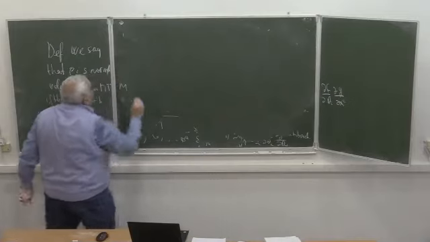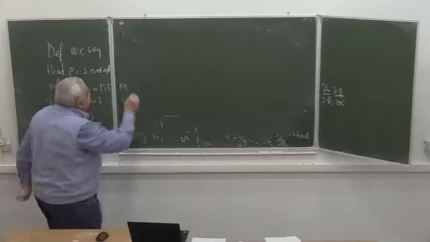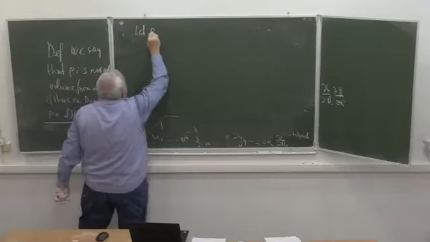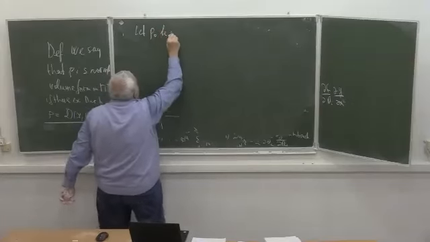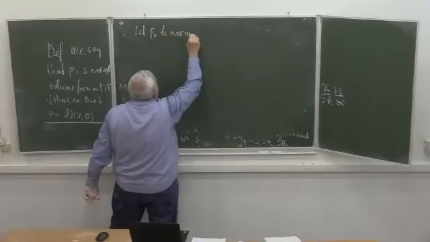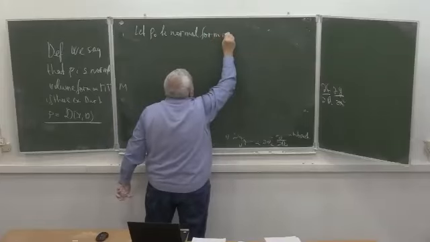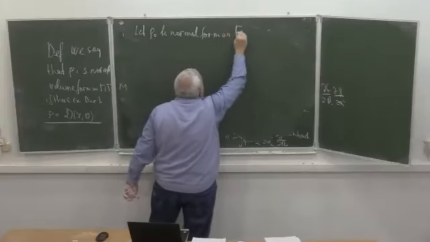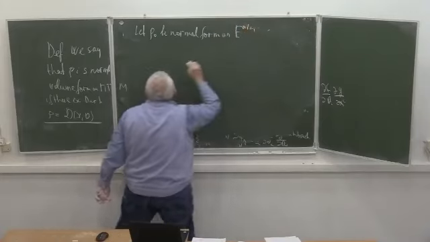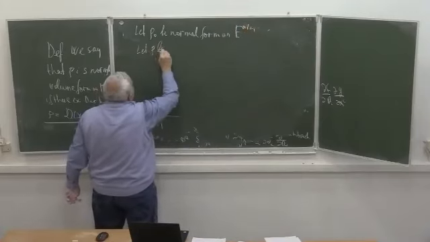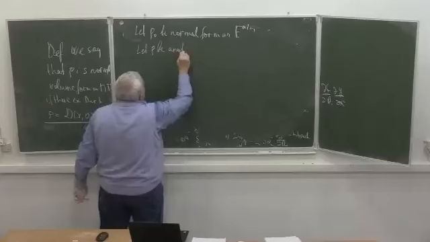Now, let me write this one statement. Consider, let rho 0 be a normal form on U. Let rho be another normal form.